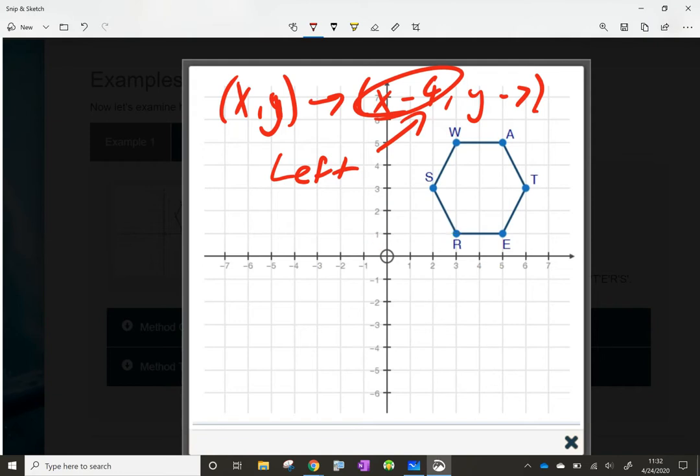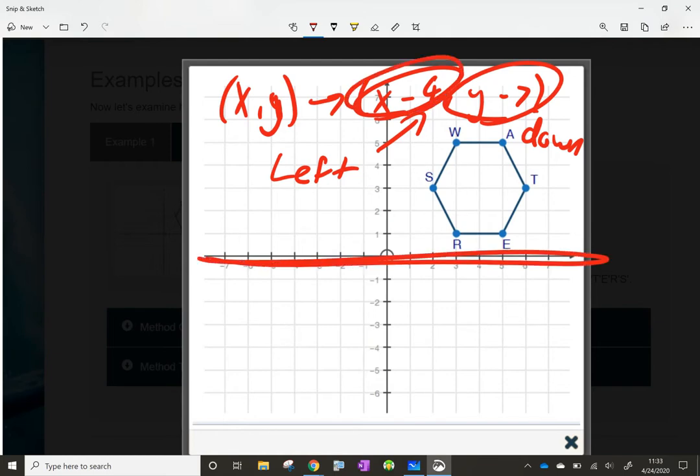And then the minus 7 here would indicate going down 7. So keep that in mind. It's opposite from how I normally think of it, but the x value refers to the x-axis, which is why you're focusing on going left or right. A minus sign would go to the left since negatives are to the left, and a plus sign would indicate going to the right. Obviously, since ours is minus, it means go to the left.